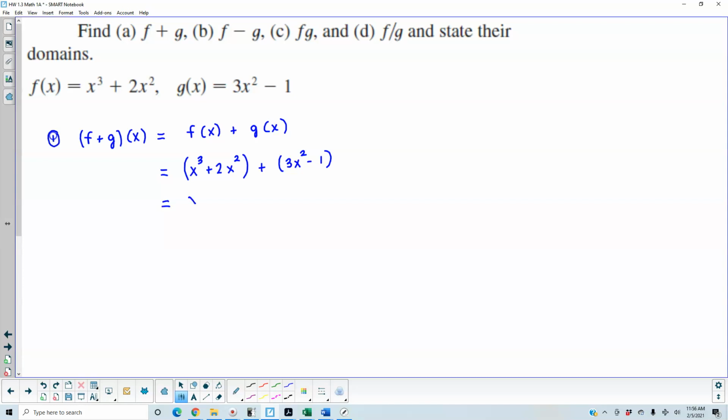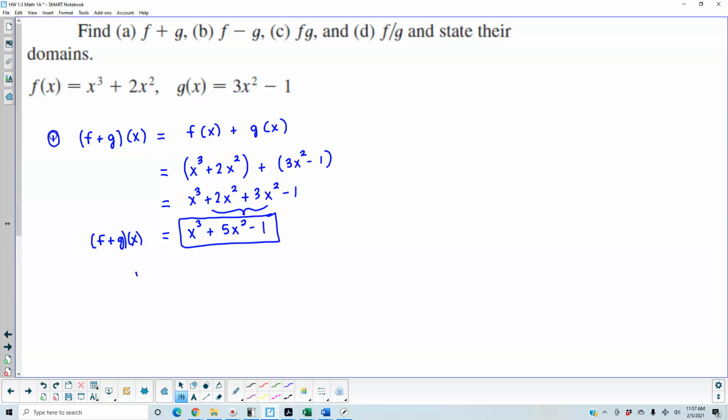So we end up with x cubed plus 2x squared plus 3x squared minus 1. And then combining like terms, we get x cubed plus 5x squared minus 1. And so now there is our f plus g of x.